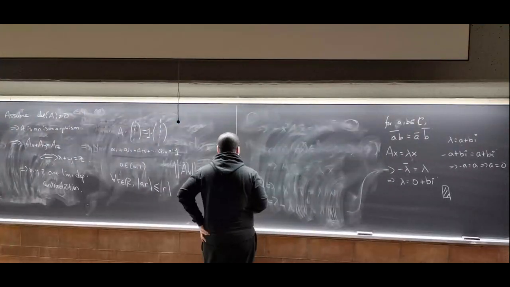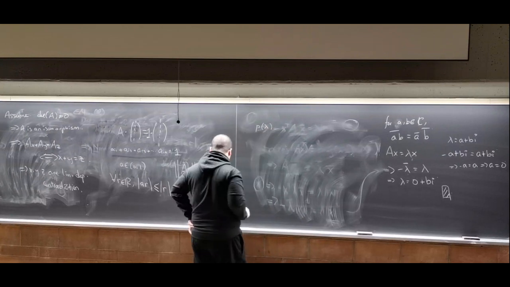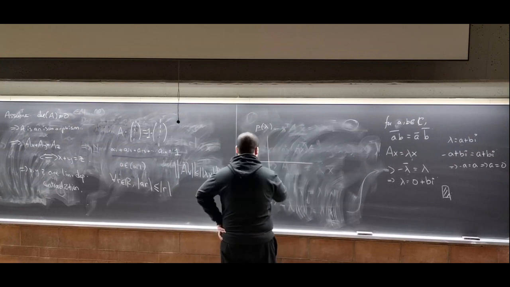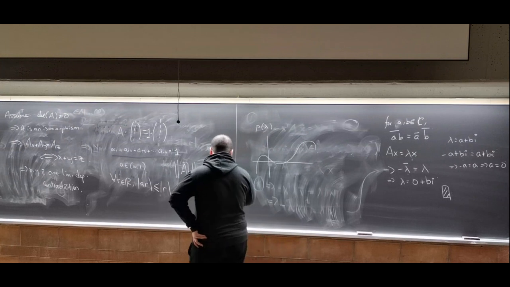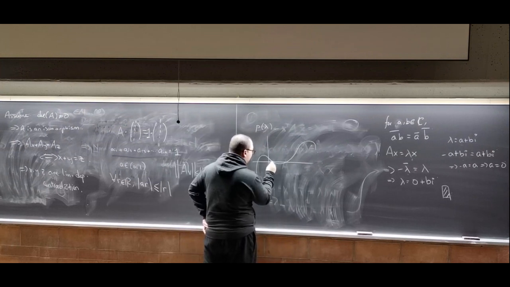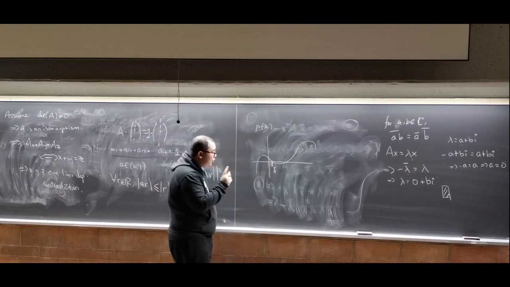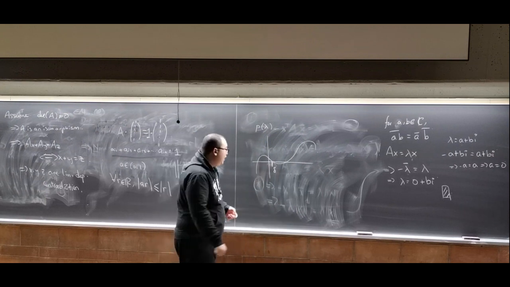So basically, you have a characteristic polynomial, some kind of polynomial. That means there has to exist such a delta, right?